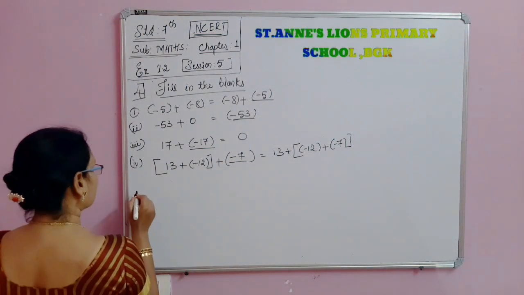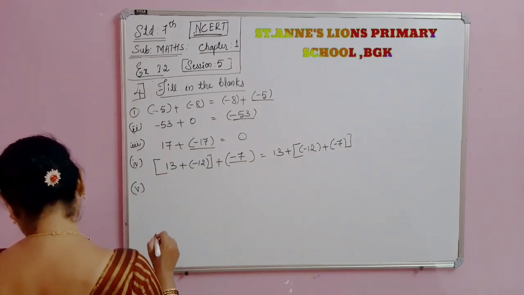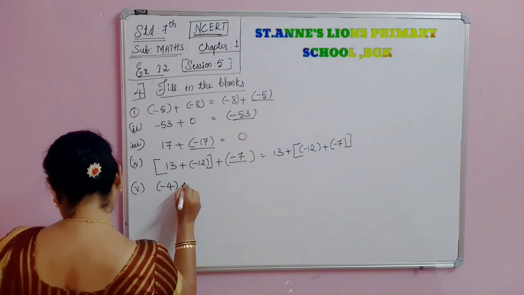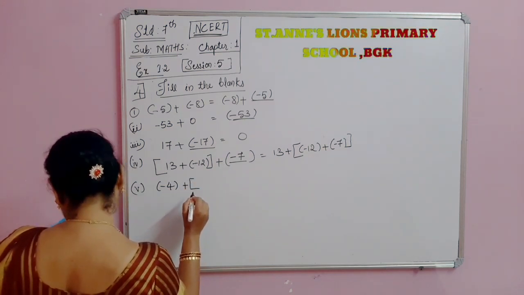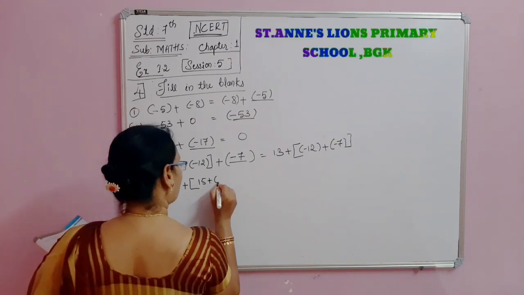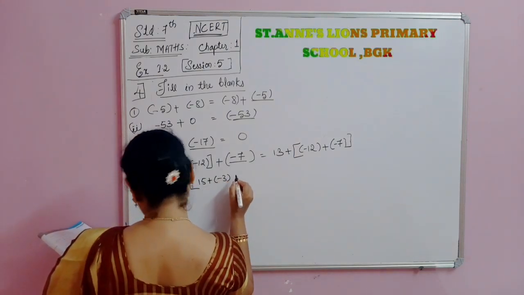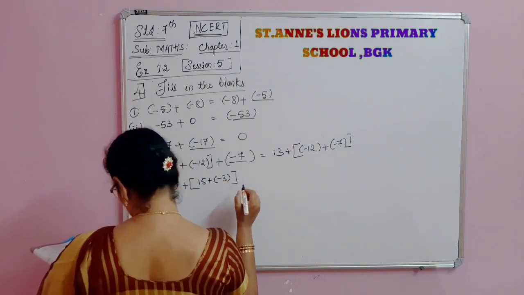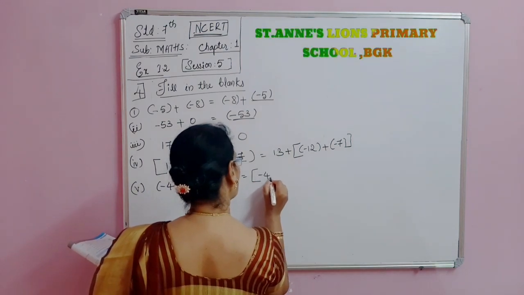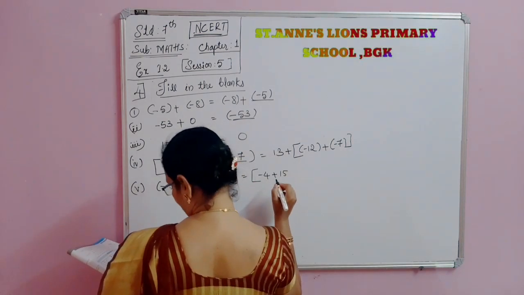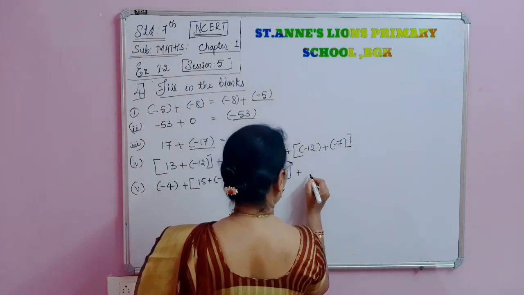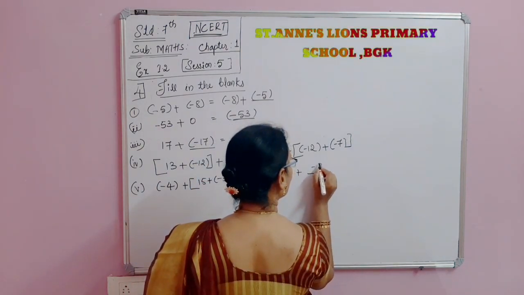Then the last one, that is the fifth blank: minus 4 plus in the bracket 15 plus of minus 3, bracket complete, is equal to minus 4 plus 15 plus dash, that is minus 3.